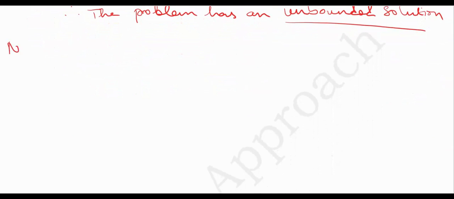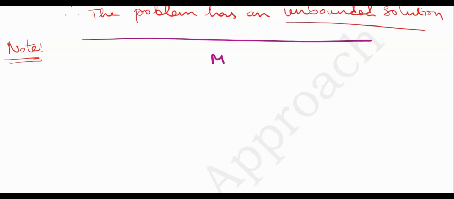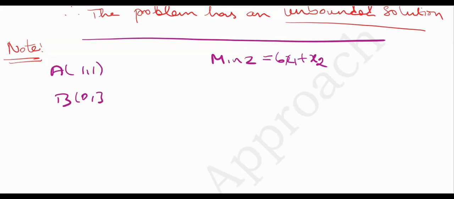Note: suppose the objective function for this problem is minimize z is equal to 6x1 plus x2, and the rest of the things are same. That is, the vertices are A is (1, 1), B is (0, 3).